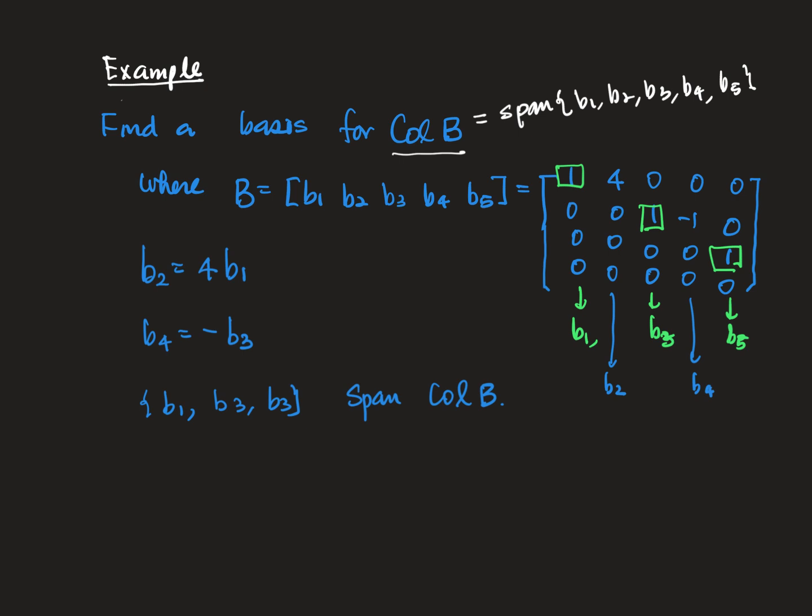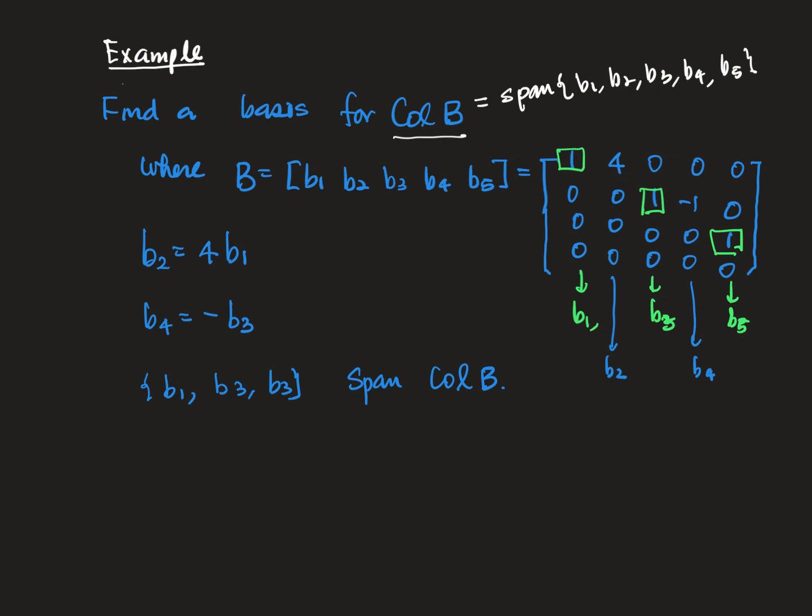Find the pivot columns; the other columns are linear combinations of the pivot columns. Then you clearly prove that B1 is 1, 0, 0, 0, B3 is 0, 1, 0, 0, and B5 is 0, 0, 1, 0, which are linearly independent.